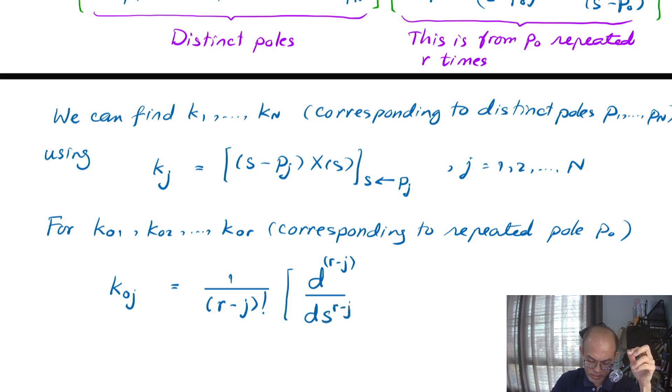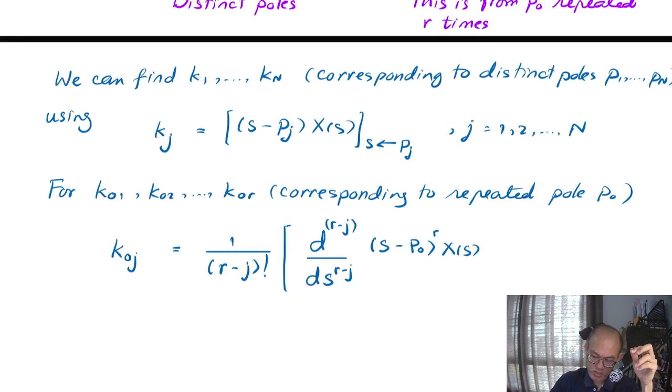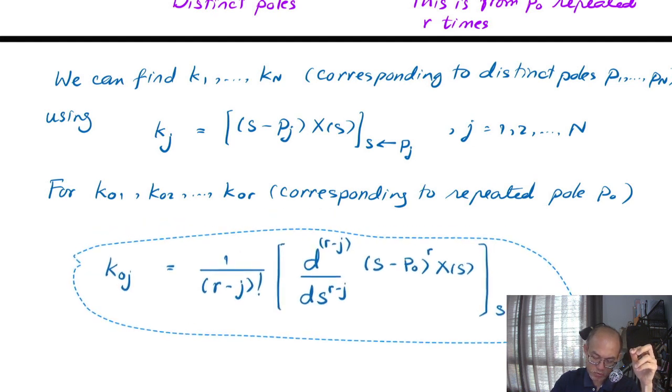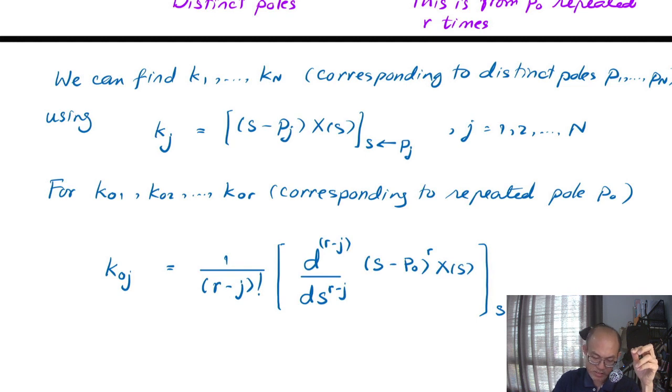We take the derivative of (s minus p0) to the r times X(s), (r minus j) times, and then after the differentiation we plug in s as p0. So this is the formula to find k0j where the poles are repeated.